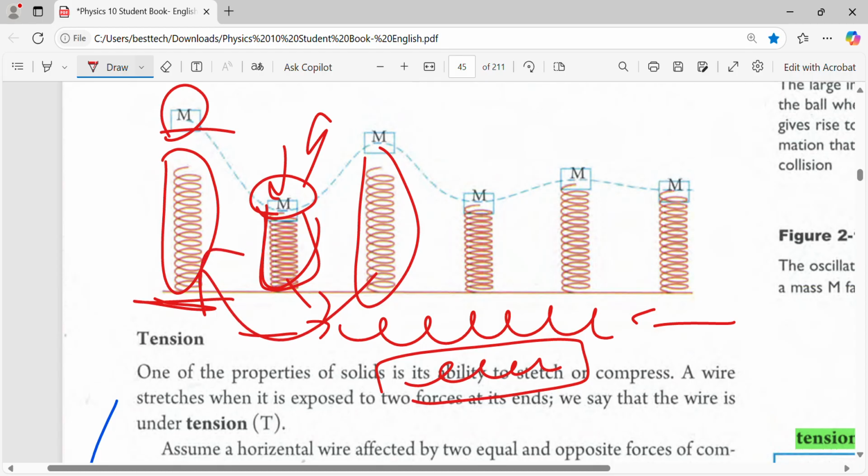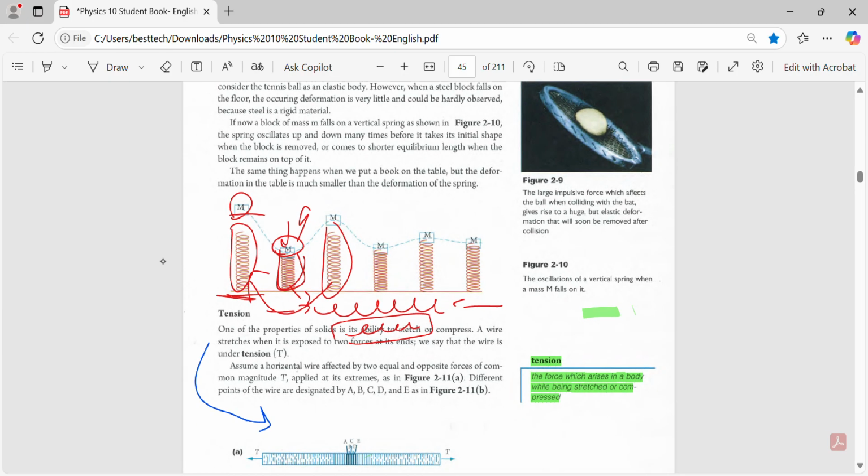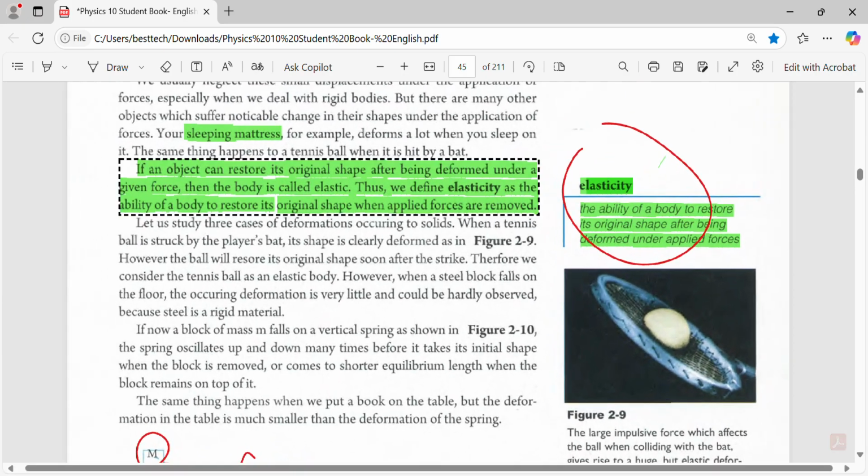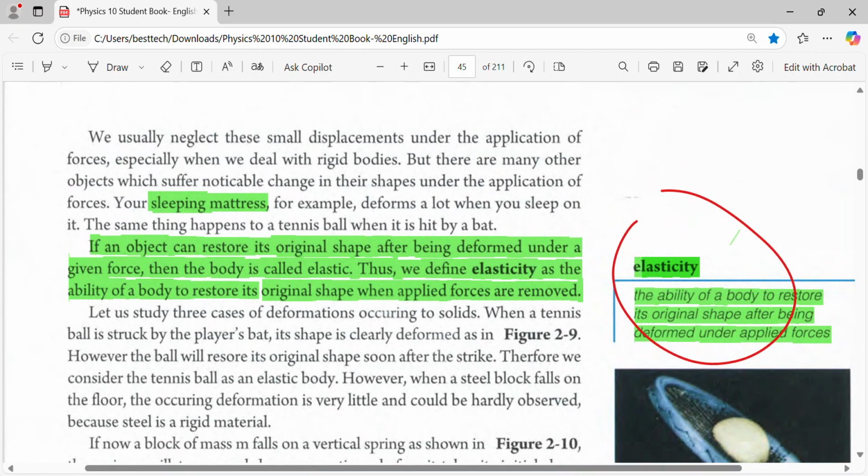So any object, if you apply force on it and it has the ability to return back, is elastic, like the spring. Guys, in the book you have an example: a sleeping mattress is elastic. A sleeping mattress is the thing that you sleep on in your room, your bed. When you sleep on it and tomorrow you wake up, the shape of the mattress has come back to the original shape. And we have another example, guys: a sponge. When you squeeze it and leave it, it returns back to the original shape.